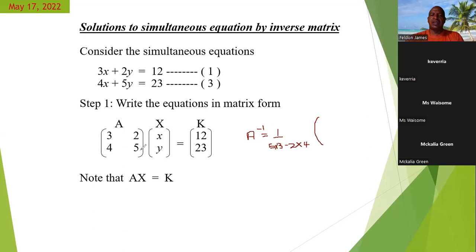The adjoint of A would be 5, 3, minus 2, minus 4.